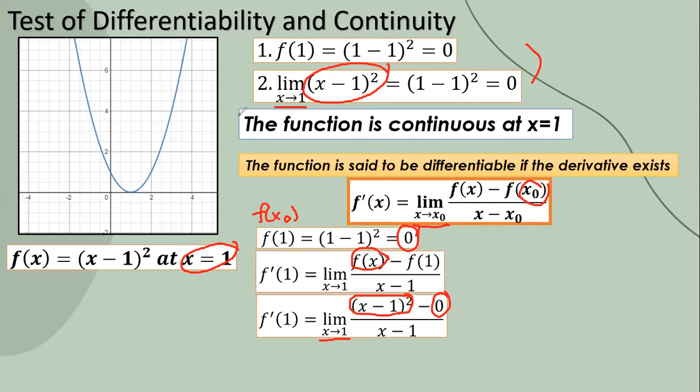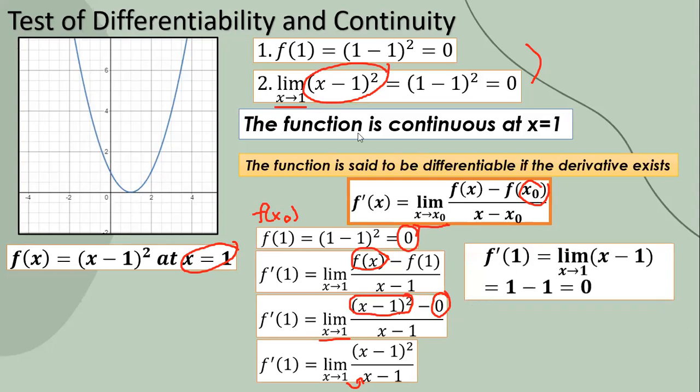All right. So simplify our function. We get the limit of x minus 1 squared over x minus 1 as x approaches 1. We cannot just substitute 1 into our function because our answer will be undefined. So simplify further.